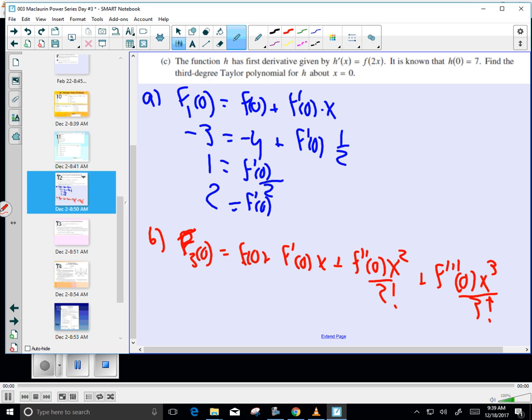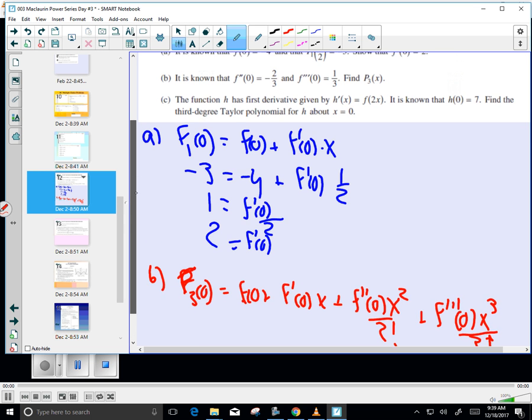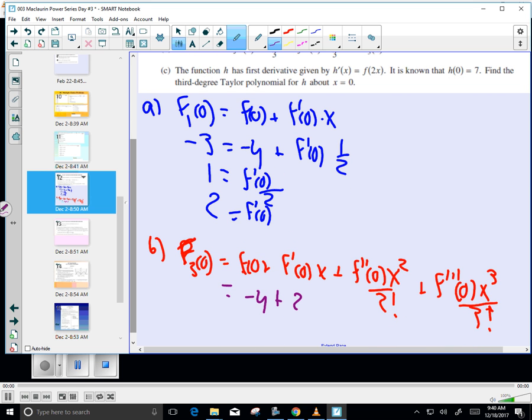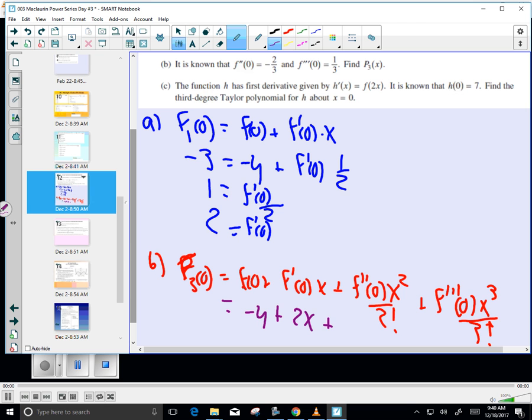So we just plug in everything we know, which is quite a bit. We know that f of 0 was negative 4. We know f prime of 0, which we found from the previous one, was 2. X, f double prime of 0 was negative 2/3.